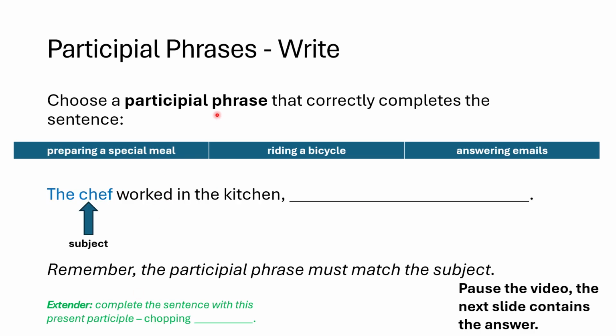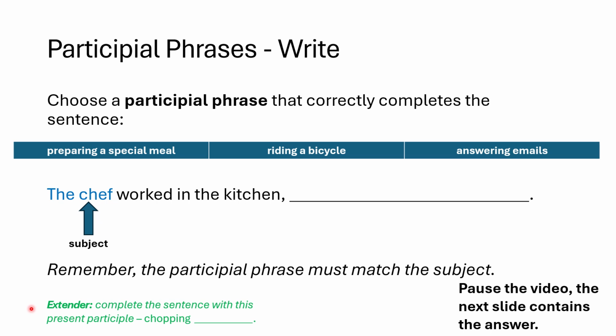Choose a participial phrase that correctly completes the sentence. The chef worked in the kitchen, preparing a special meal, riding a bicycle, answering emails. Remember, the participial phrase must match the subject.